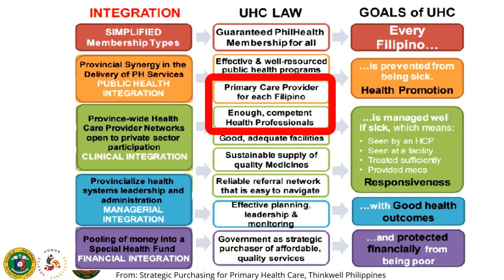And the law would have both the guarantee for ensuring that people will have access to quality care, but at the same time, the one in the red highlight, that to make it happen, you have to have health professionals who are ready to provide primary health care, or competent health professionals.